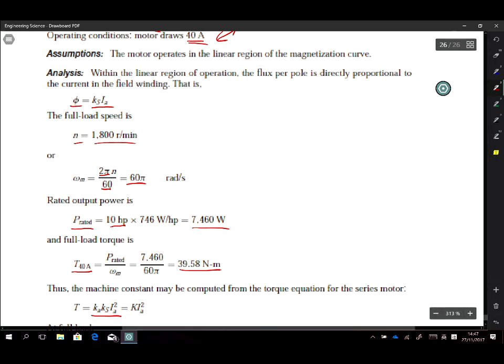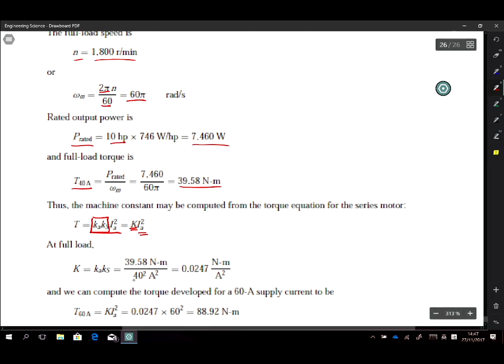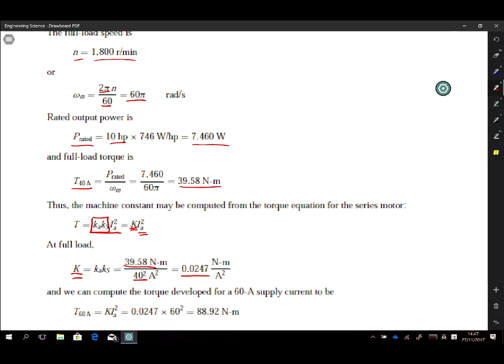But we already showed you that the torque can also be computed by another formula given by Ka Ks times IA squared. Or we group Ka Ks into a single constant K, so it is directly related to IA squared. We substitute 40 A for IA, and torque equal to 39.858. So your constant K is given by 0.0247 Newton meter per ampere squared.